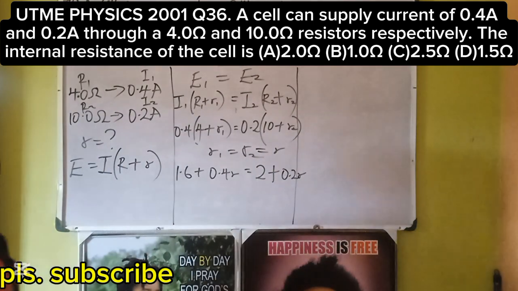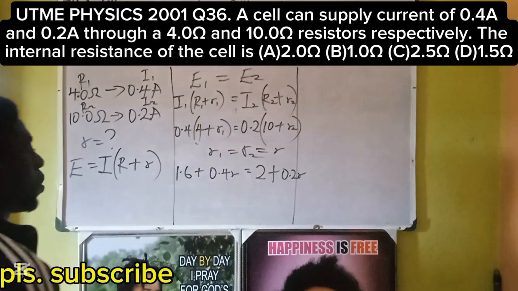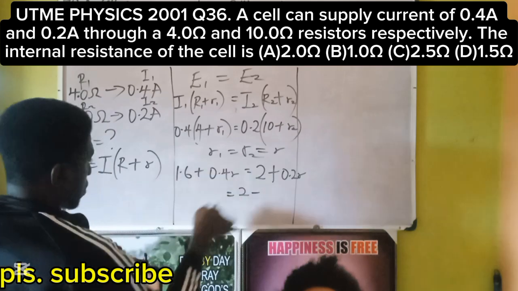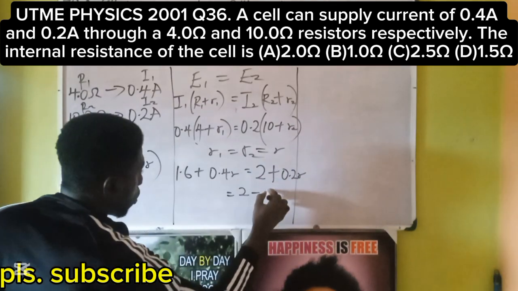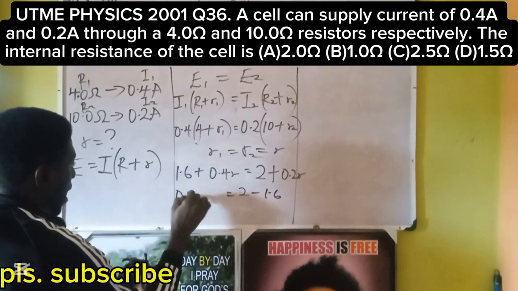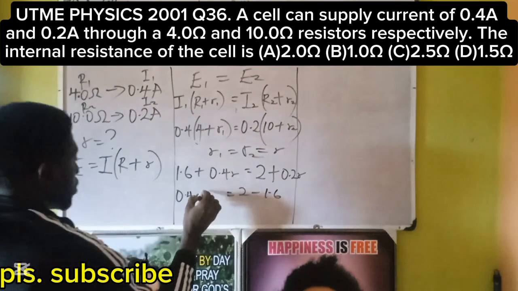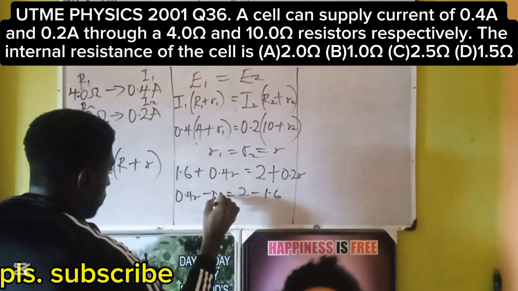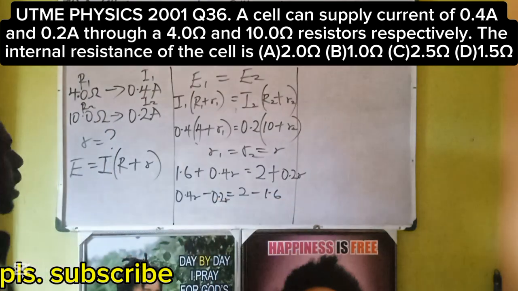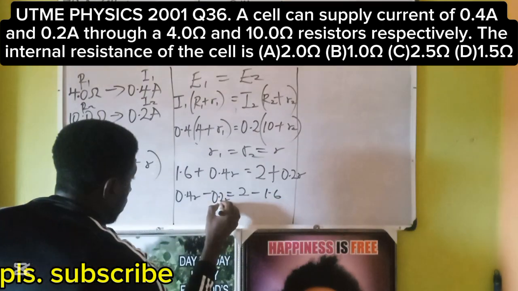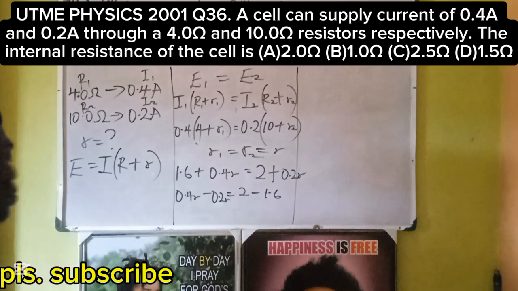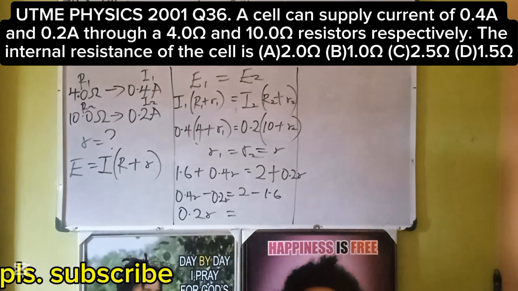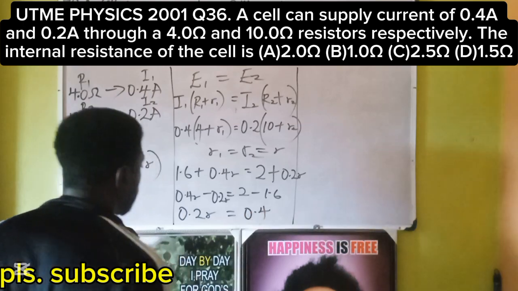Then collection of like terms. Numbers on one side. 2 is bigger, so 2 remains. 1.6 comes over there. Plus changes to minus, so minus 1.6. 0.4 r is bigger. The other one comes this way. Plus changes to minus, so minus 0.2 r. So 0.4 r minus 0.2 r will give me 0.2 r equal to 2 minus 1.6, which gives 0.4.